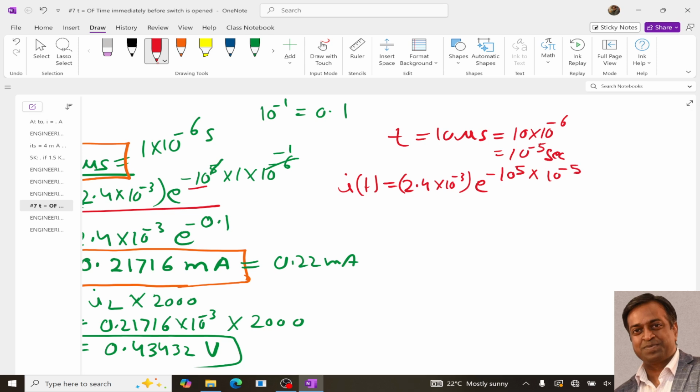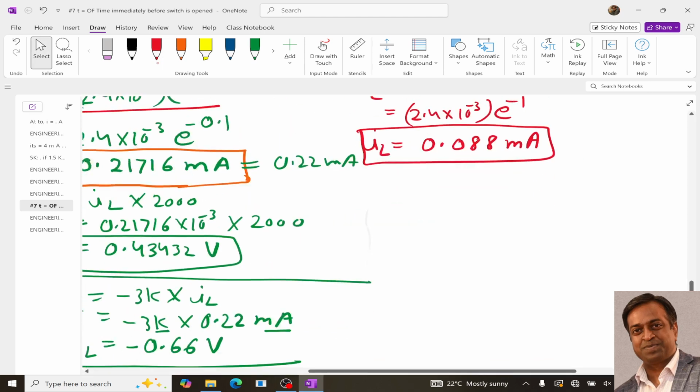So over here this is going to cancel out, so we will get 2.4 into 10 power minus 3 e power minus 1, and solving this, now this is not IT, this now becomes IL. So our IL, if you solve this, will be 0.088 milliamperes.